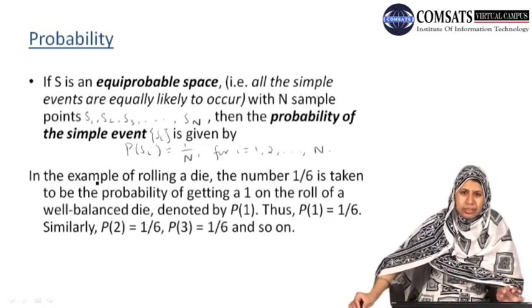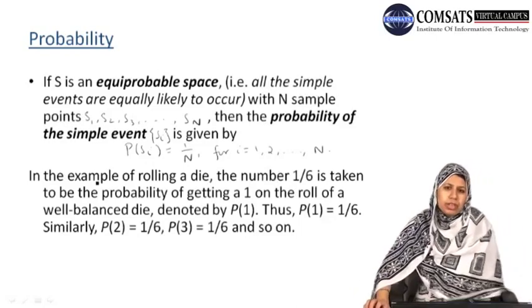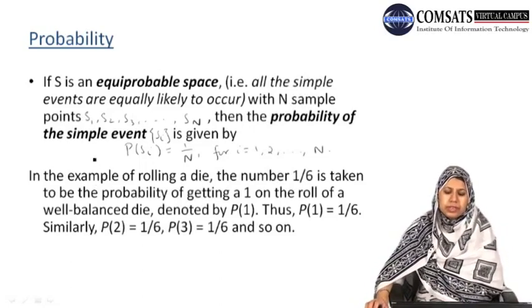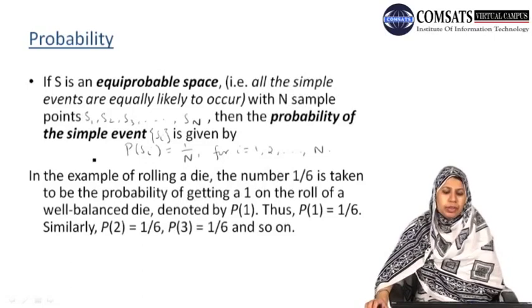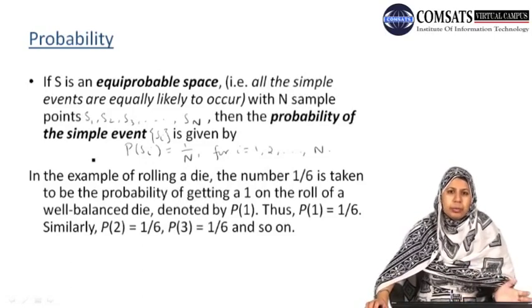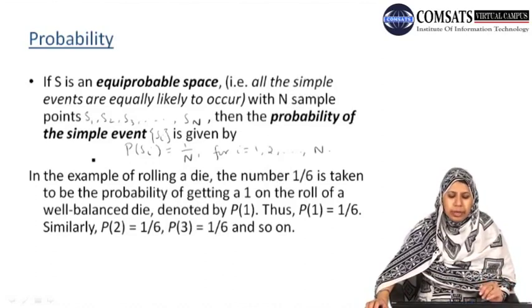Similarly, the probability that 3 will occur will be equal to 1 by 6 and so on, which means that every element of the sample space in case of rolling a die has the probability of 1 by 6.